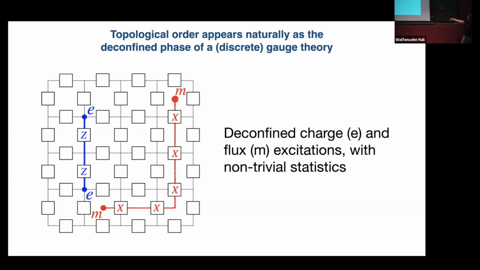Or if you start in a ground state and you act with a string of X's like that, then that flips two plaquettes and it creates these plaquette excitations. But once you've created these, these strings are completely deformable, and these plaquettes and charges can be moved around at no extra cost, which is why they're called deconfined.